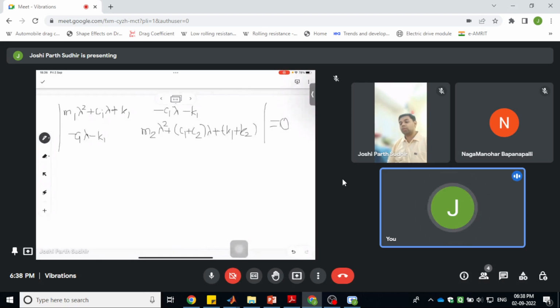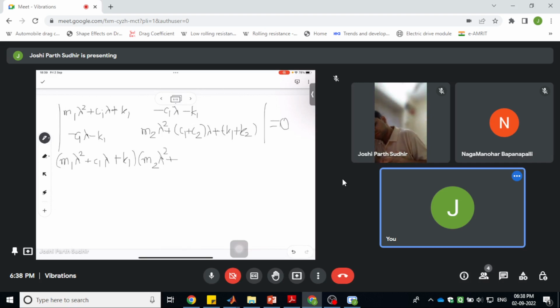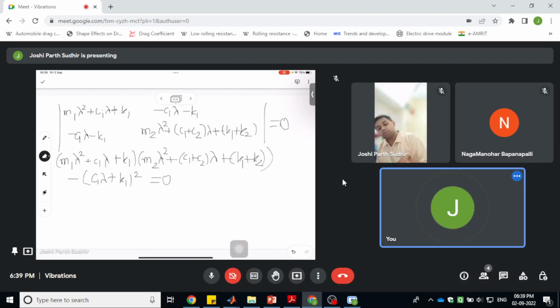So when we do all the algebra to write down the expression of this determinant and then find the roots of this equation, this will have four roots, because the highest power of lambda is 4 in this differential equation.